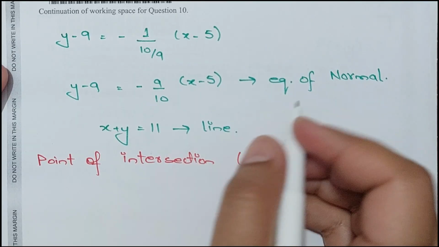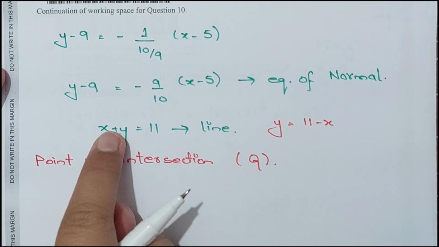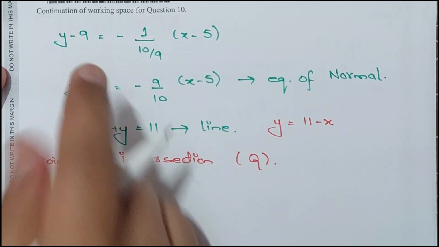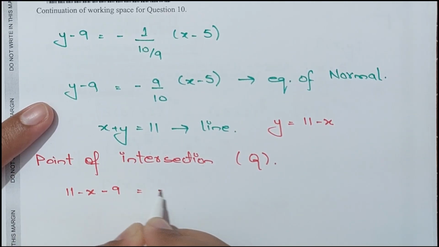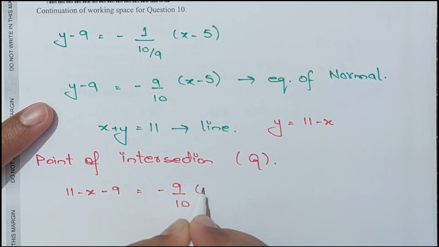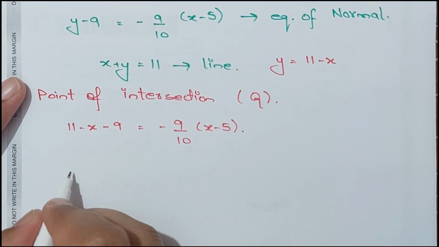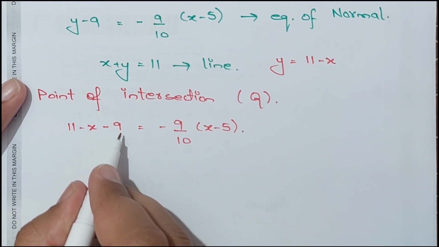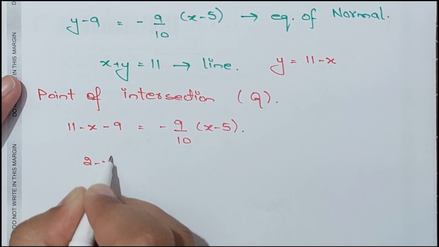From the line, we can say the y value is 11 minus x. Plug that y value over here: 11 minus x minus 9 equals minus 9 over 10 into x minus 5. Let me solve for x. 11 minus 9 is 2, so 2 minus x.